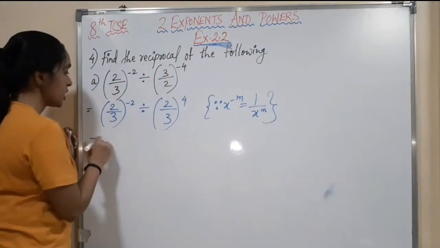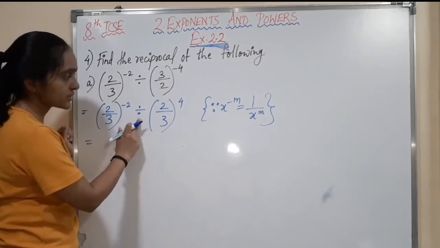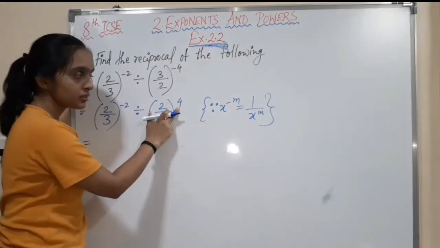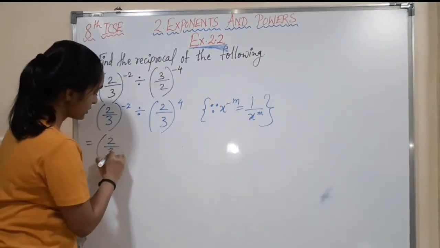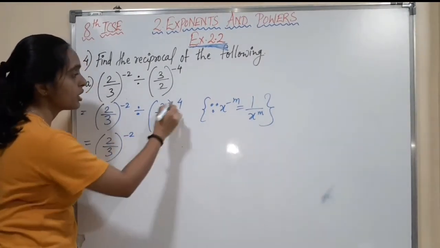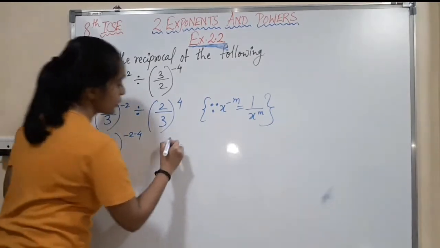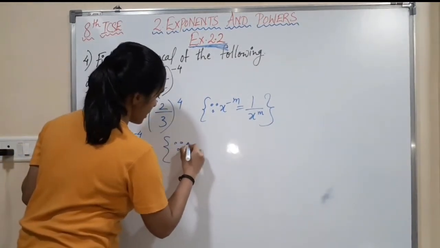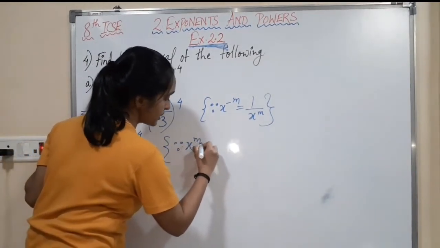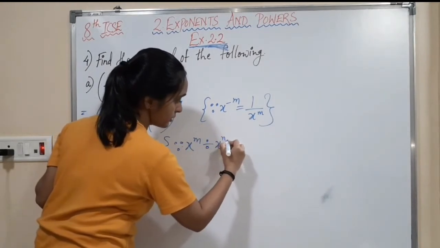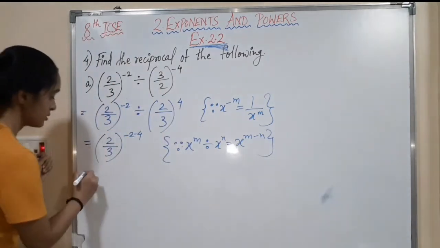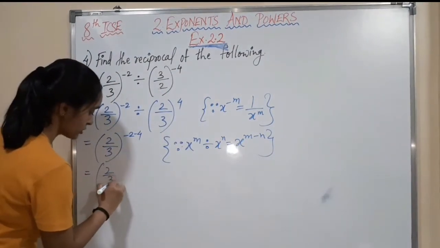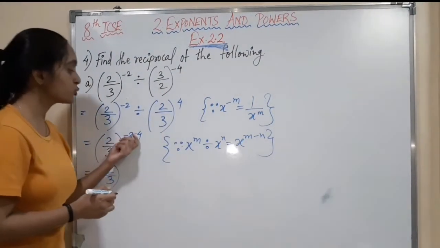Okay. Now you will get division is there. So we will subtract the exponents. 2 upon 3 raised to minus 2 and minus 4, since x raised to m divided by x raised to n is equal to x raised to m minus n. So you will get 2 upon 3 raised to minus 2 minus 4.